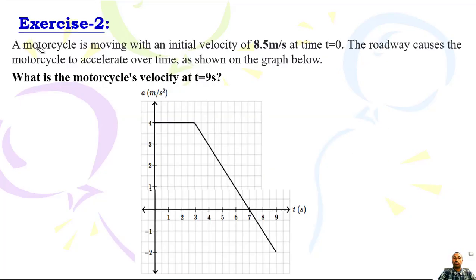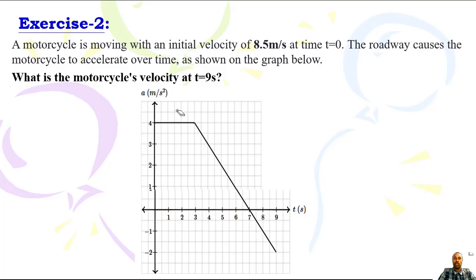So as exercise 2, you have a motorcycle moving with an initial velocity of 8.5 meters per second at time t0. The roadway causes the motorcycle to accelerate over a time as shown on the graph below. What is the motorcycle's velocity at t equals 9 seconds? So you are given acceleration versus t. Please try to calculate the acceleration equation.